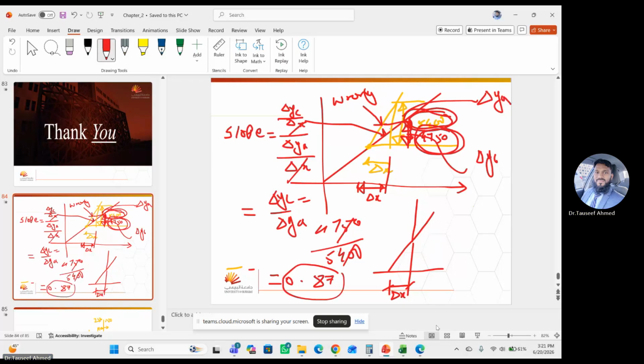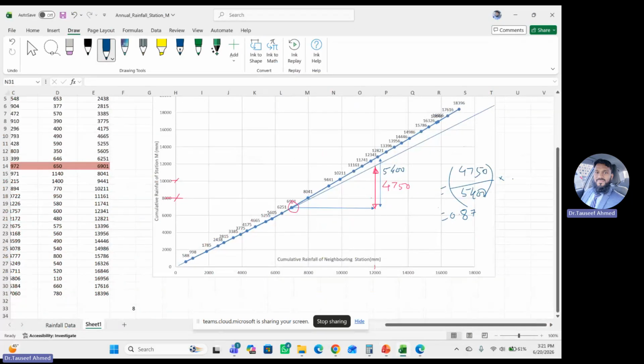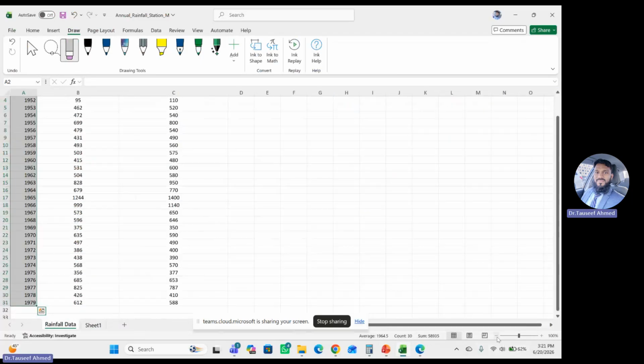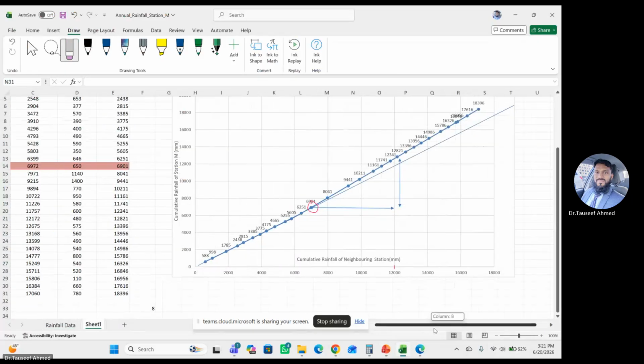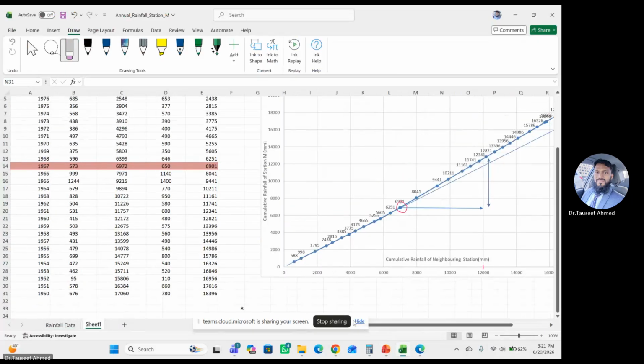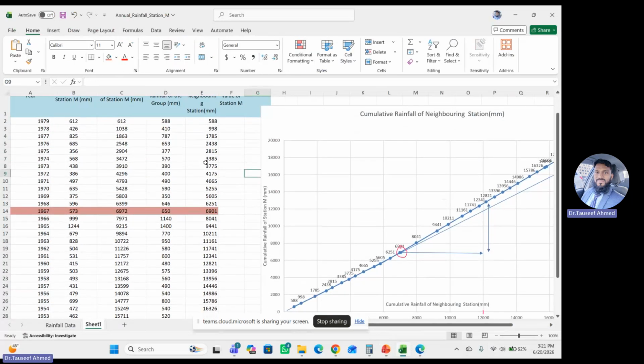So what will we do? We got this ratio of 0.87. Now see here.